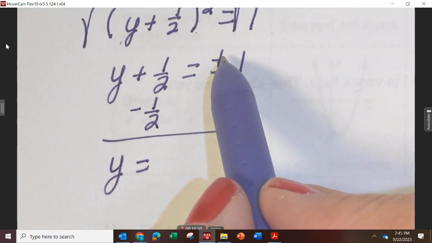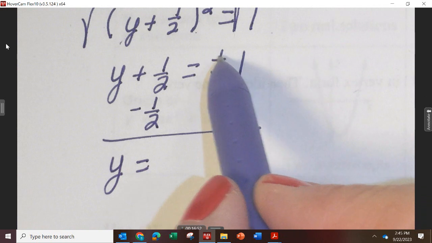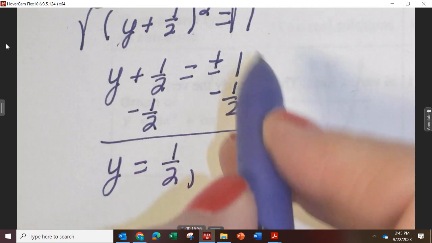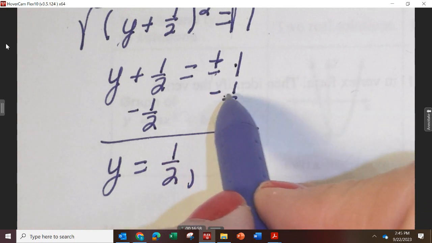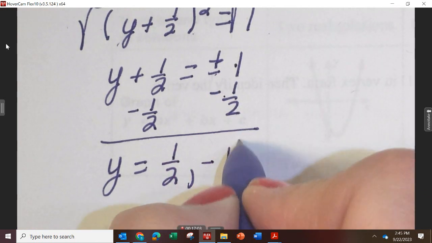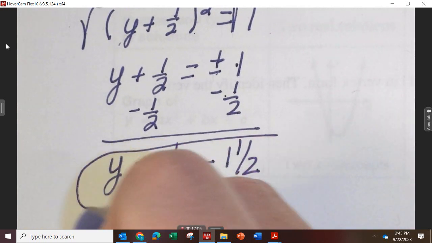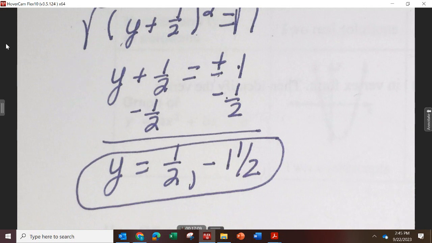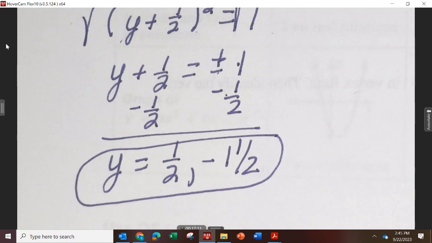And I have two problems that I actually have to do. I have to do 1 minus 1/2. What's 1 minus 1/2? 1/2. And then what is -1 minus 1/2? Good job. Or you could have put -3/2 for that. Okay?